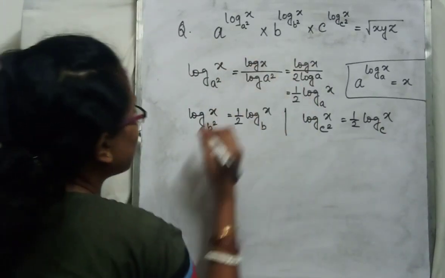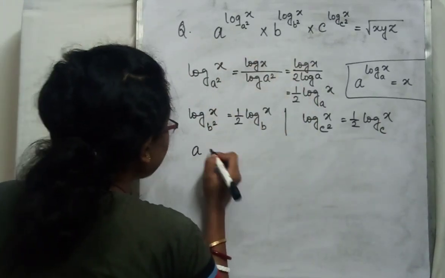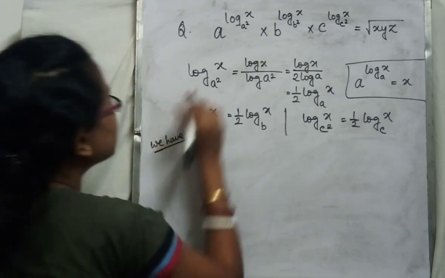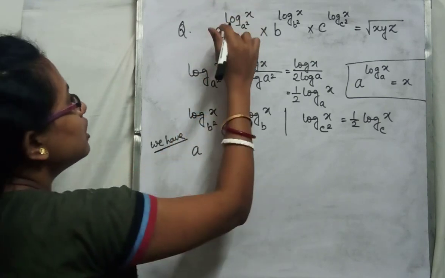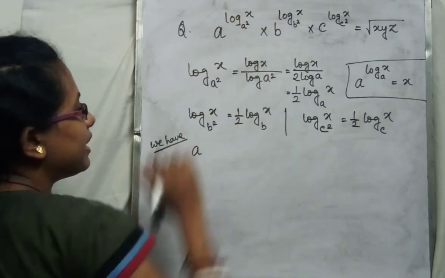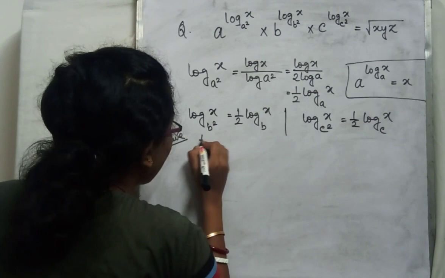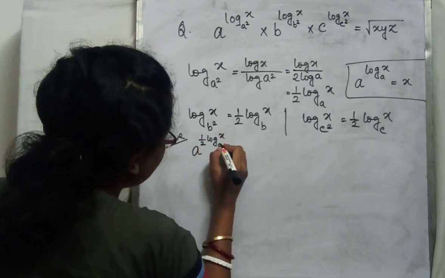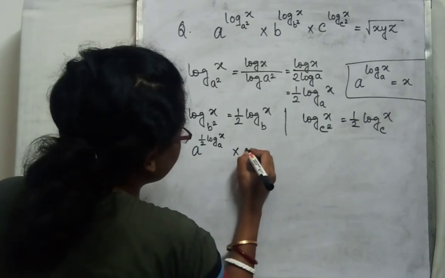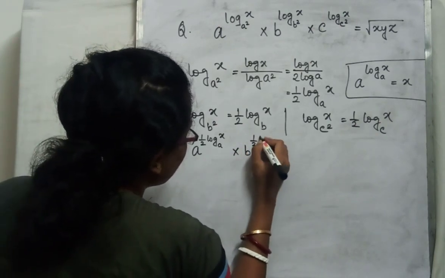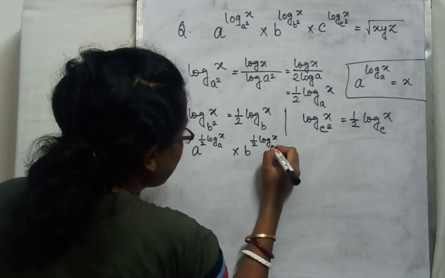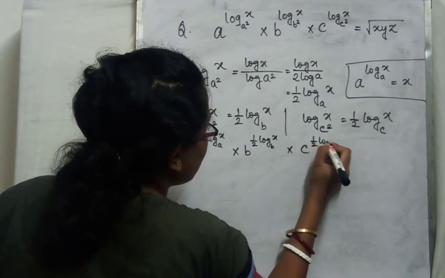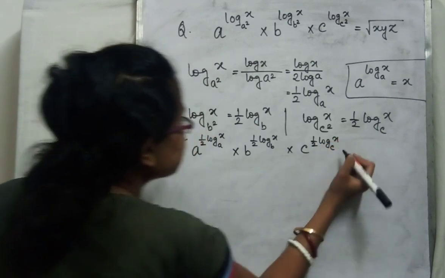So now in this math, we have a to the power log x base a square, so we can write here half log x base a, into b to the power half log x base b into c to the power half log x base c.